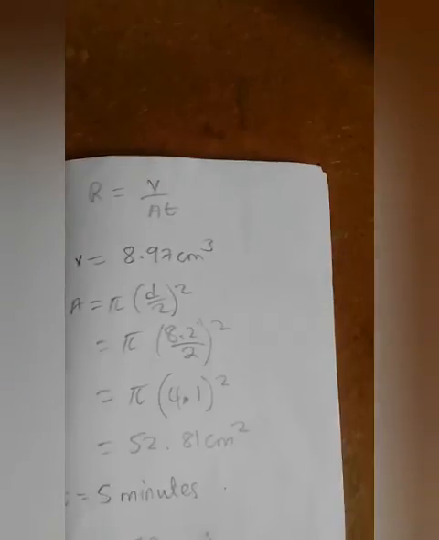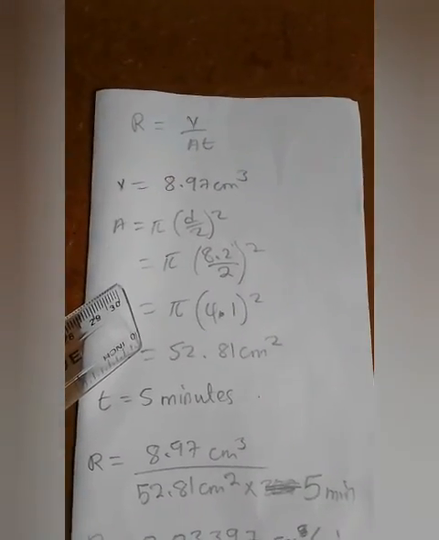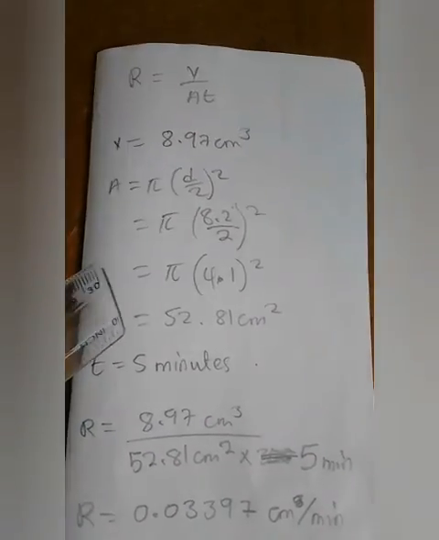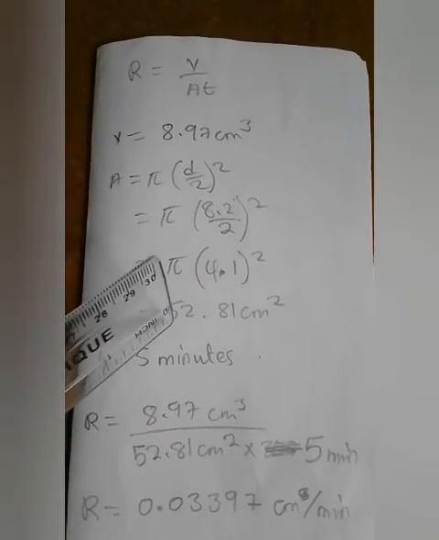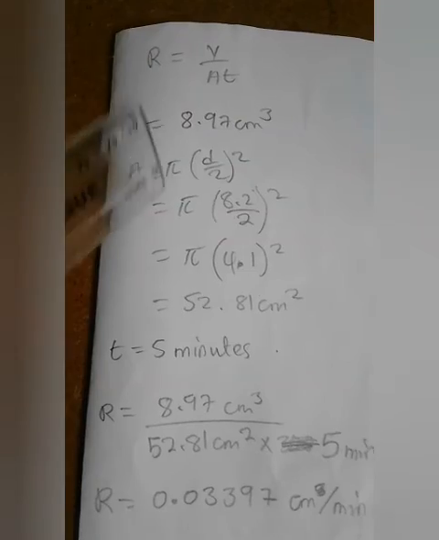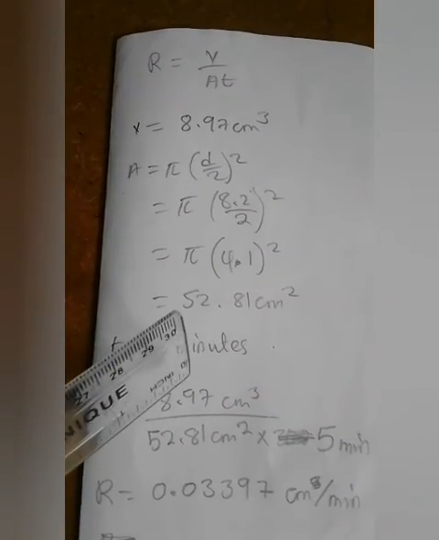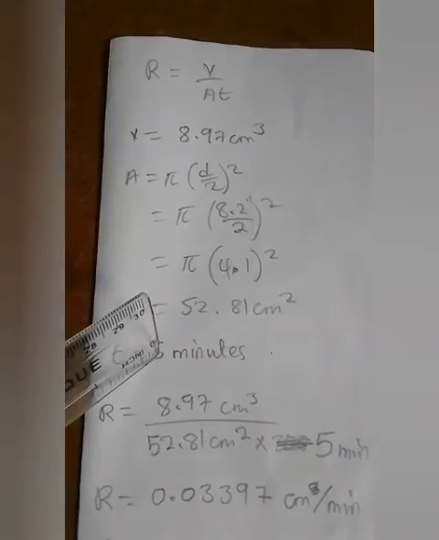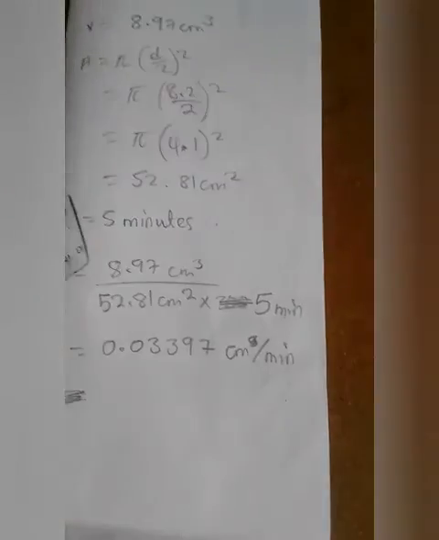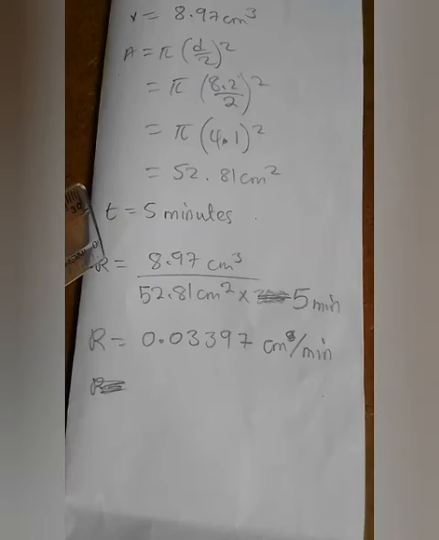Having done these calculations, this is the area at which the rain was being collected. So if I have the area, volume and time, I can find the volume of rain per unit area per unit time. Okay, so there it goes, and I have it.